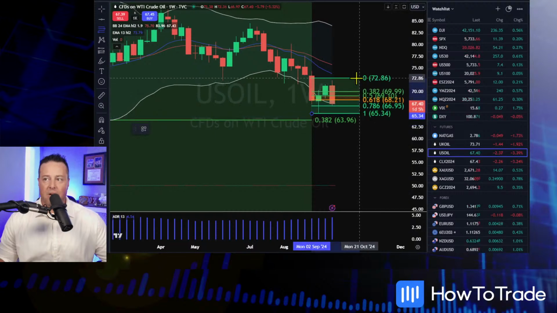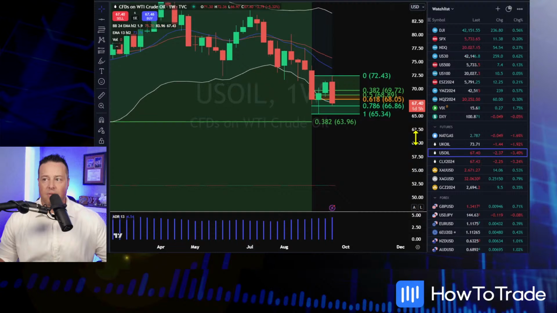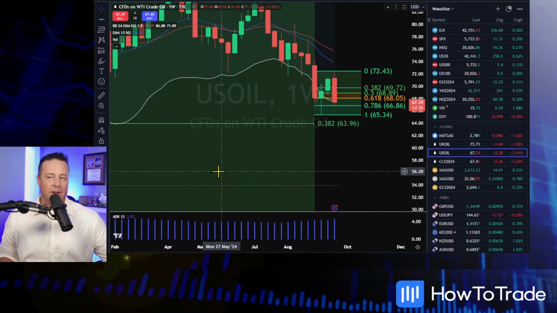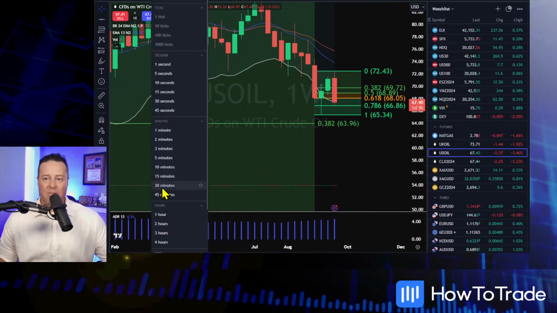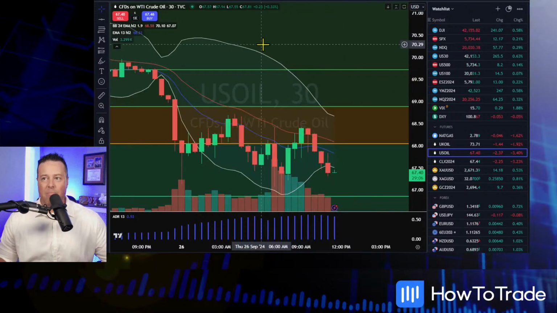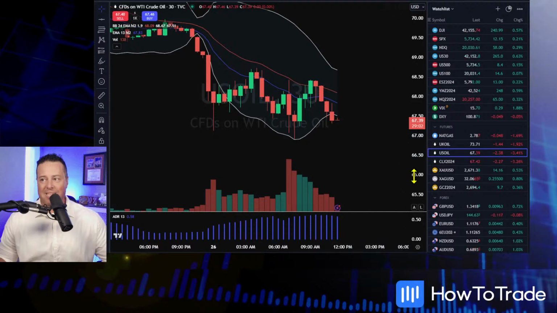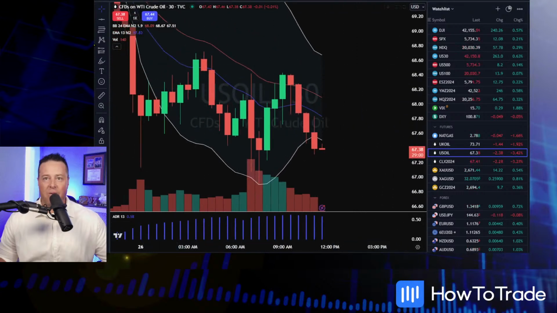You could do a Fibonacci from there. I don't advise it. I wouldn't necessarily buy WTI crude right now. I would wait for a bigger move. If you wanted to sell it, could you even get away with selling it? 30-minute chart, that's my bread and butter for WTI. If you wanted a late-day, trend-following sell, that would be your level.